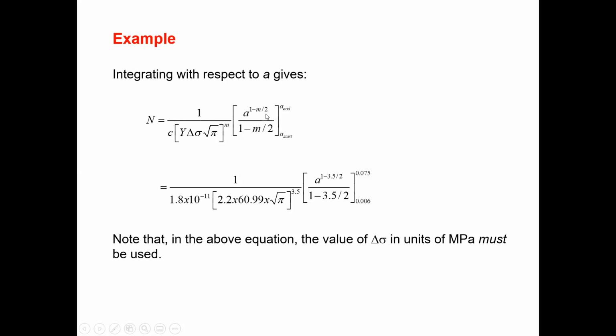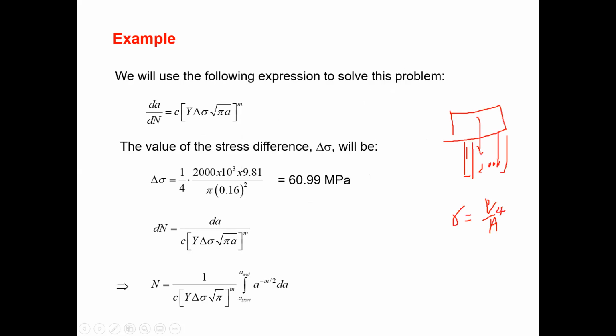If we have A to the power half, when you integrate, it is 1 plus half, A to the power 1 plus half divided by 1 plus half. In here it is minus, because it is 1 upon A times something, A to the power something.